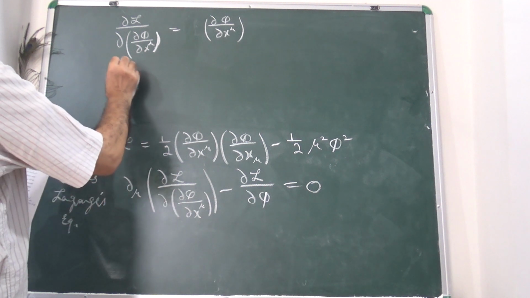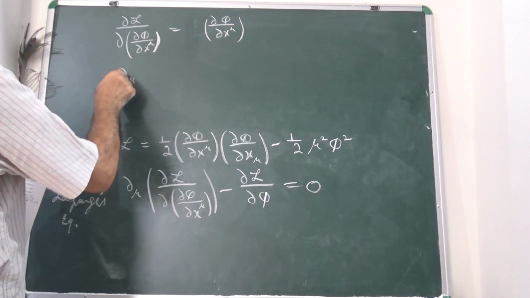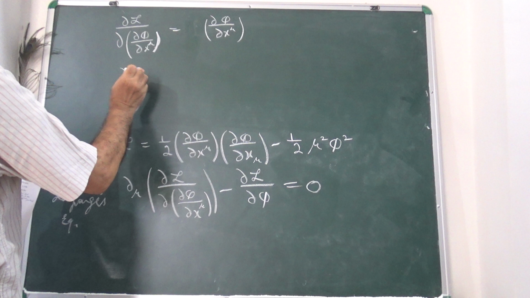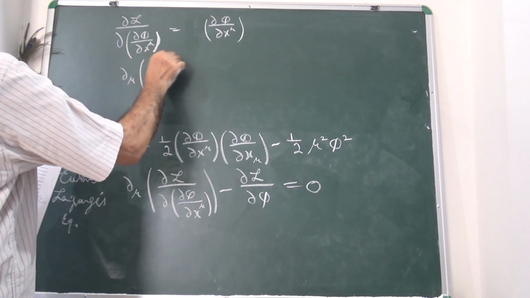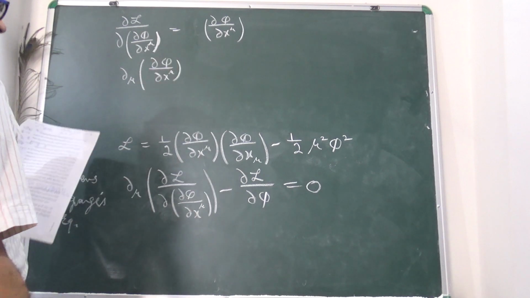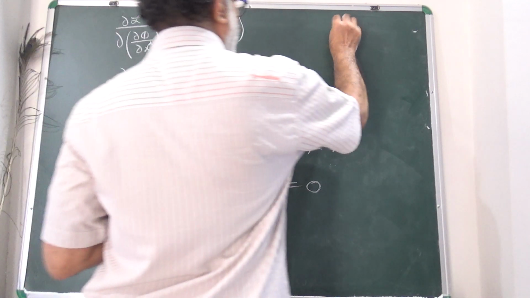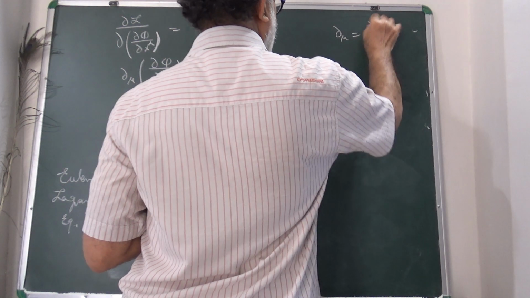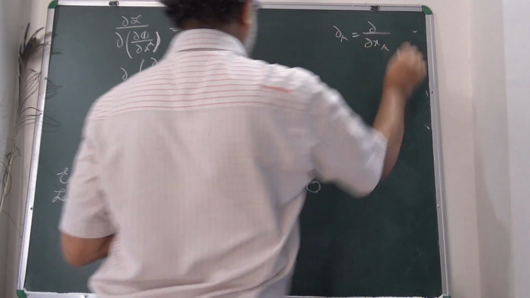Now we work out this one. Del mu is del by del x mu.